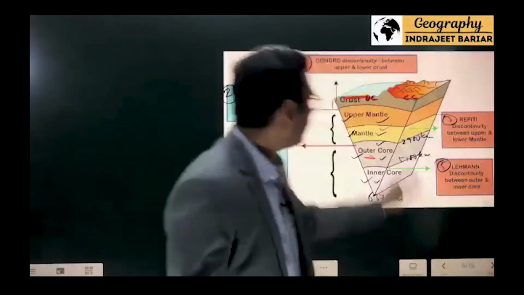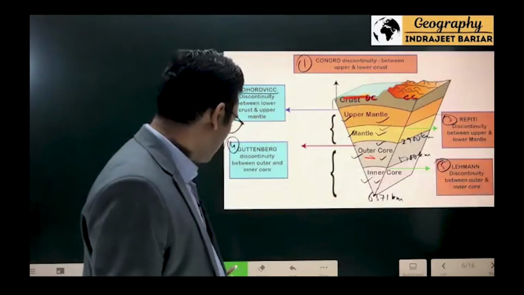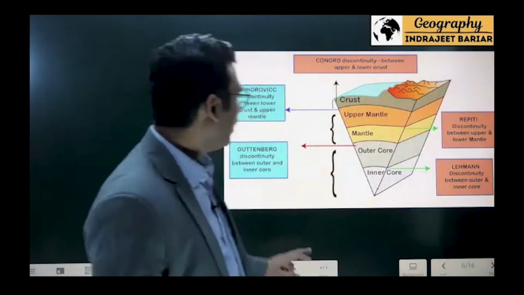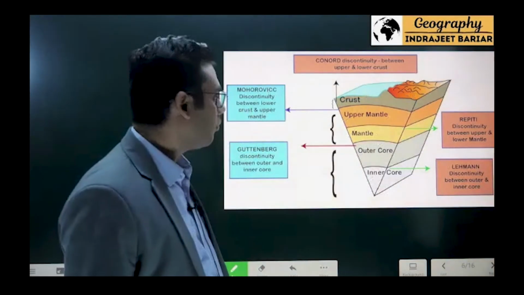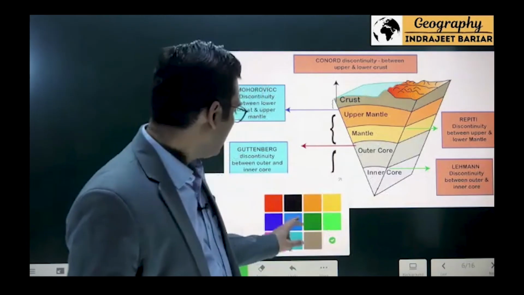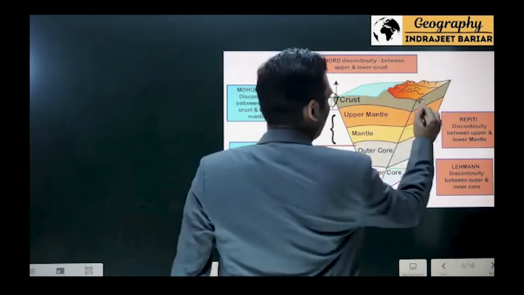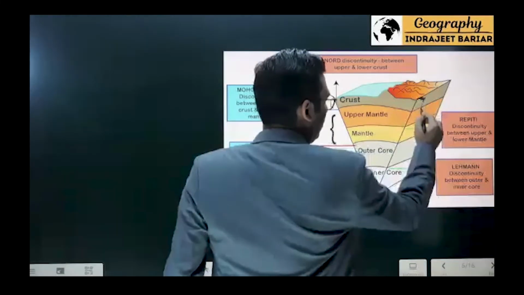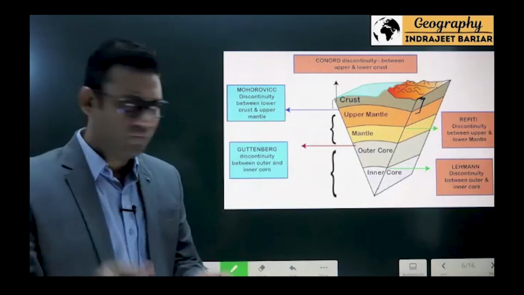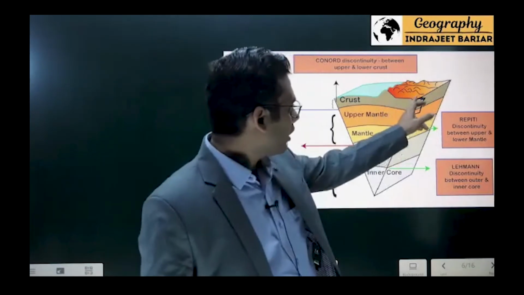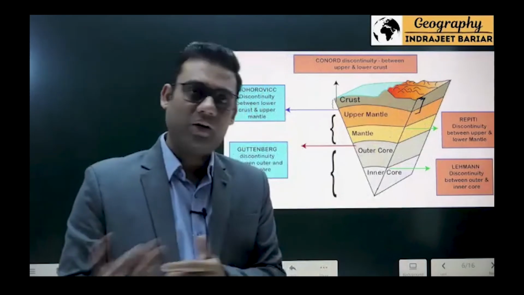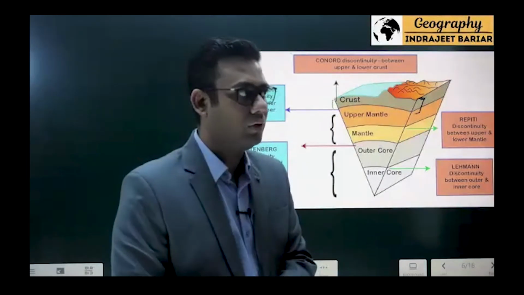I can study it from this particular diagram. Over here in this diagram, everyone check here. When we talk about crust and mantle, effectively the crust thickness, let's say continental crust, we have said the average thickness is 30-35 kilometers.